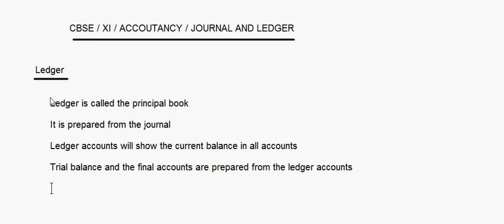Now let's try to understand how to post into a ledger. First of all, let's see the format of a ledger account. Here I'll put the date, and then you have the particulars, then there's a column for folio, and then amount. This is the debit side.